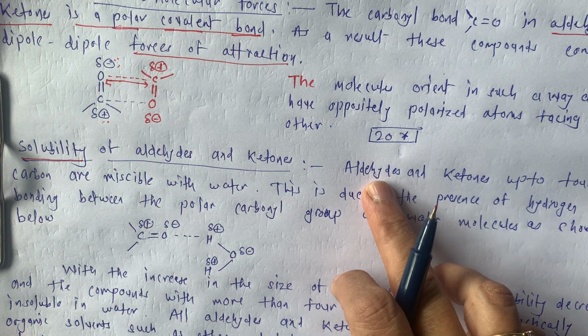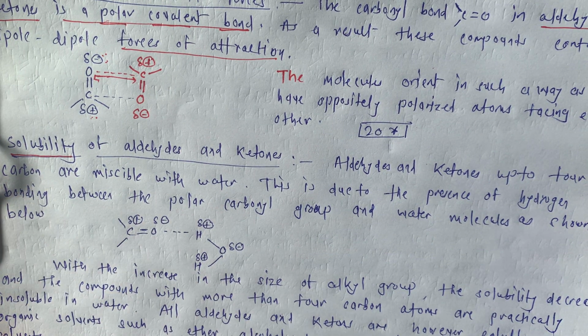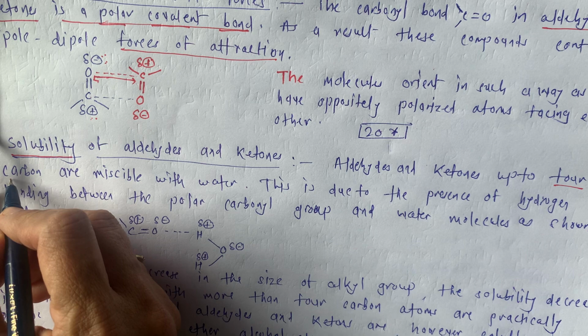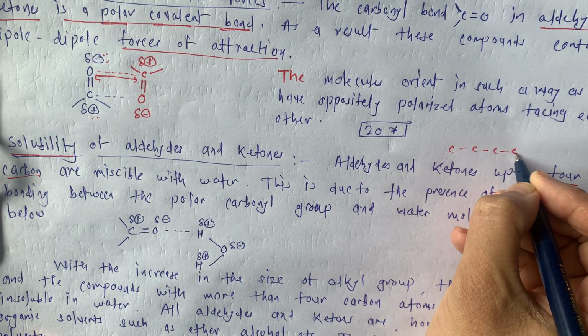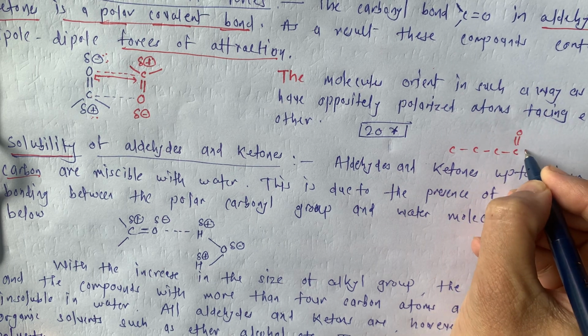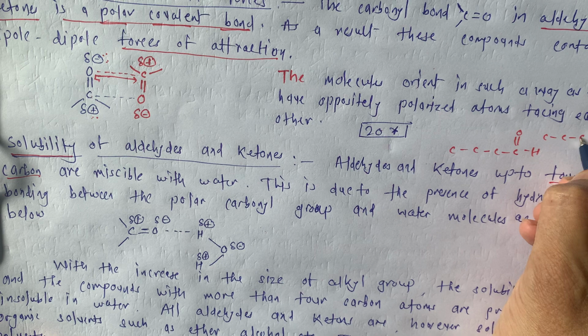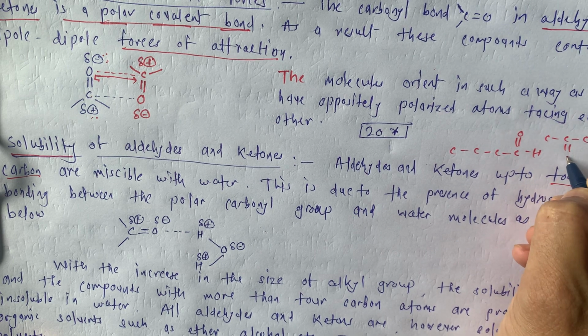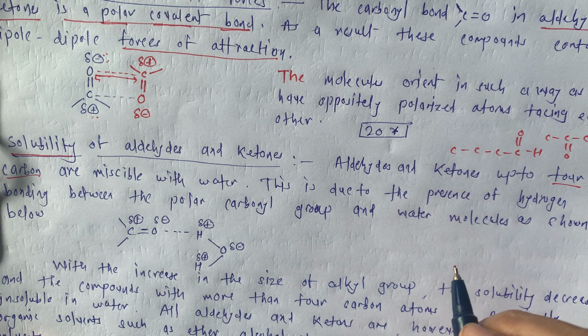So aldehydes and ketones up to 4 carbon. Four carbon means which compound? That is with 4 carbon, like this. Suppose here it is an aldehyde group, or if there is a ketone, then somewhere in between these two ends there is a carbonyl group.